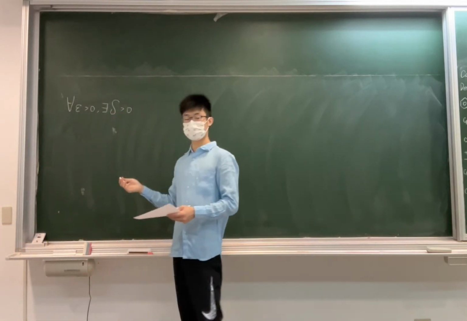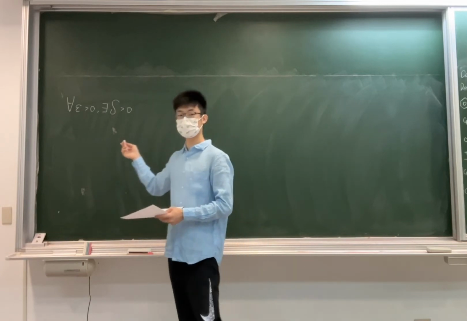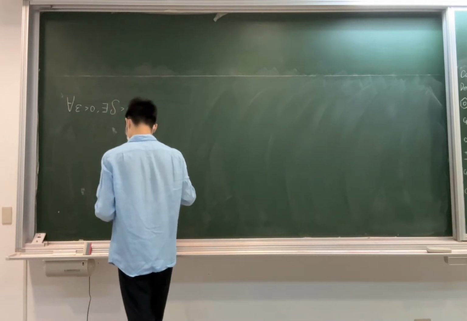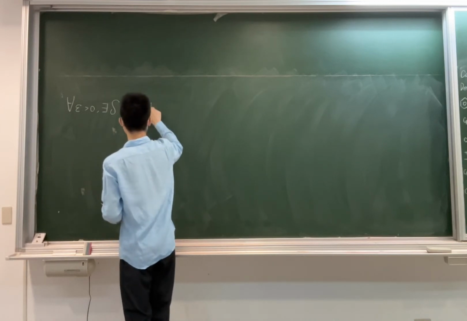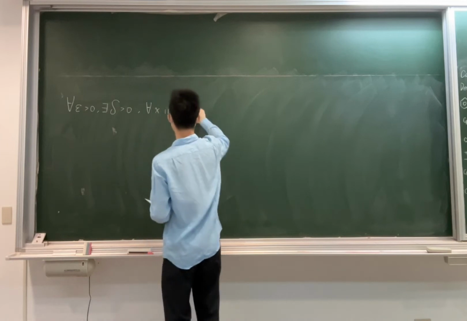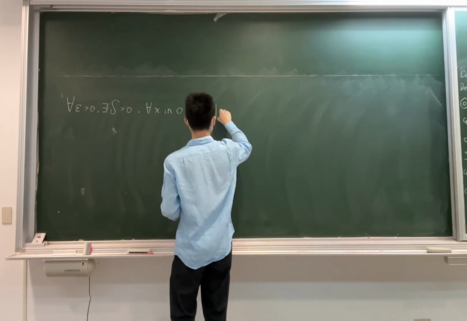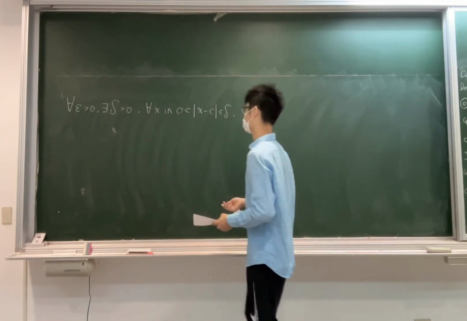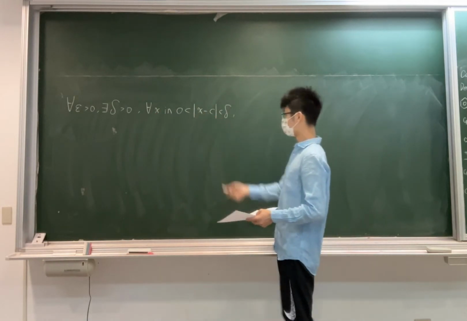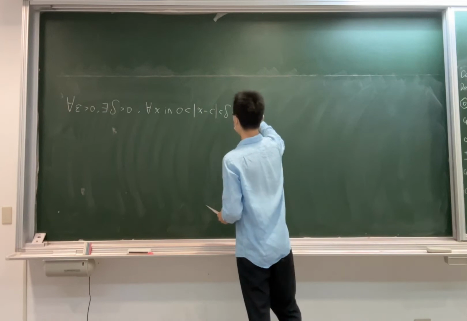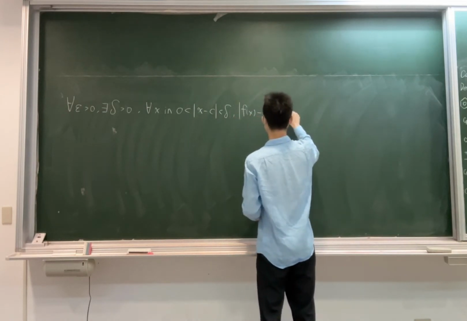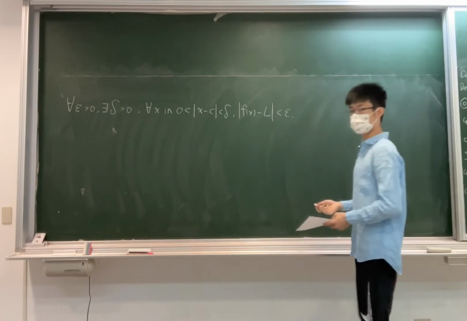For all epsilon greater than 0, there exists delta greater than 0 as well, such that for all x in this inequality, which I will explain later, f of x minus capital L is less than epsilon.